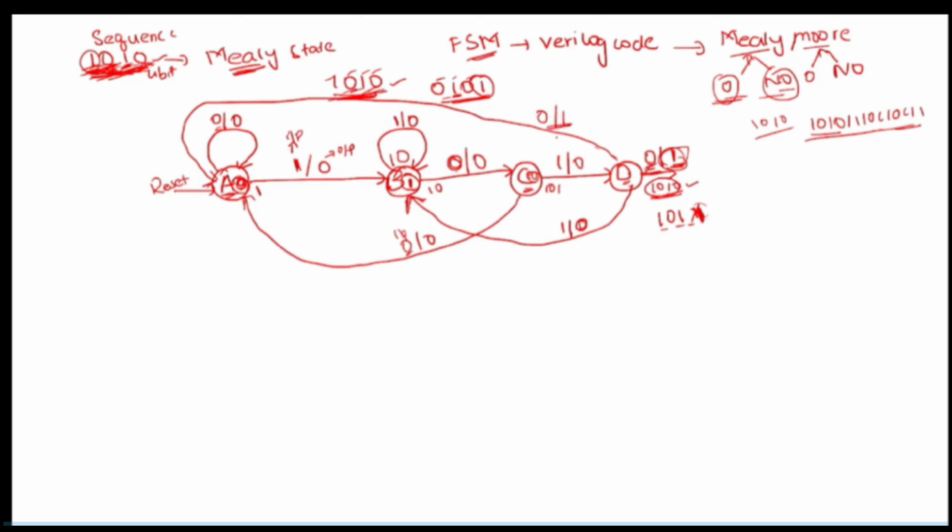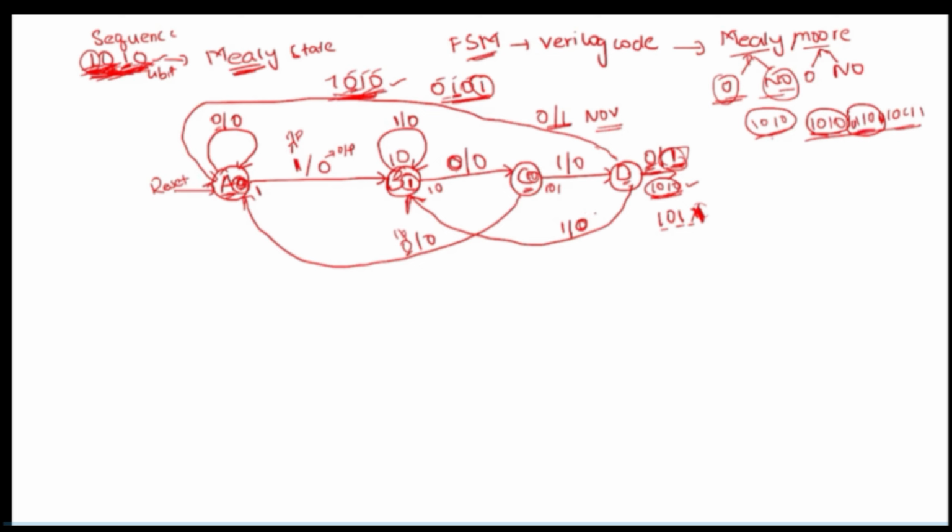This happens only when it is non-overlapping. Then after the entire sequence of 4 bits is detected, it will start again for the next 4 bits. That means after this is detected, these 4 bits need to be taken care of again. For these 4 bits it will start from A, and again the sequence will be like 0 1 1 1 0. So this sequence will be detected.